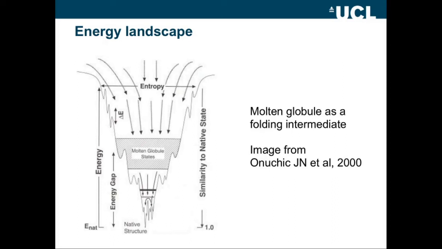This image then reflects one view, which is that the molten globule is a necessary folding intermediate. The other view is that the molten globule is just these little regions here where we're moving off the proper folding pathway and moving to a trapped state.